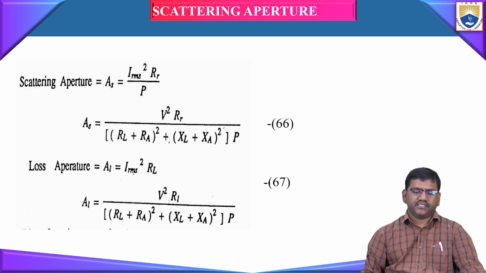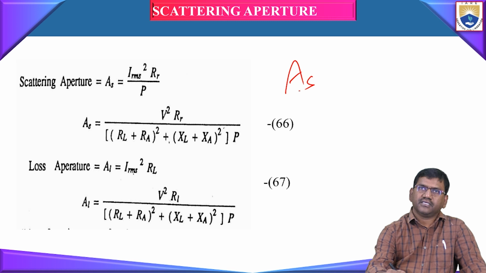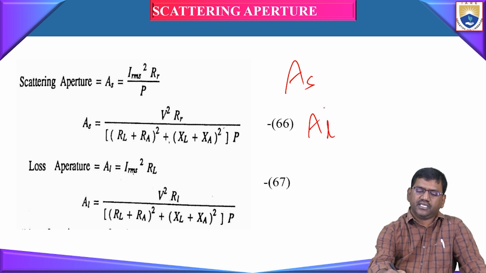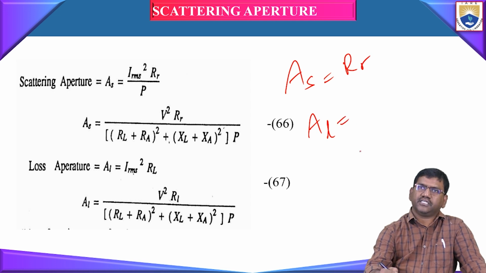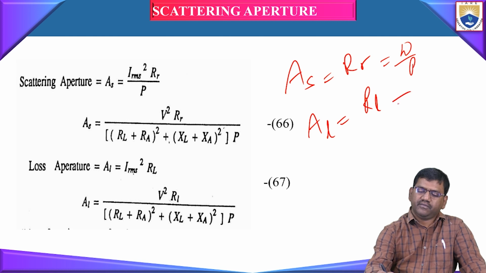Similarly, the scattering aperture is denoted by the symbol AS, and the loss aperture is denoted by the symbol AL. The scattering aperture depends upon the radiation resistance, and the loss aperture depends upon the loss resistance, so the equations will be modified accordingly.